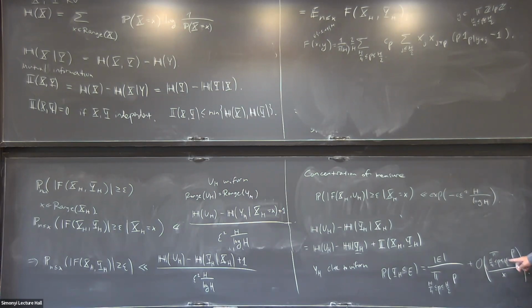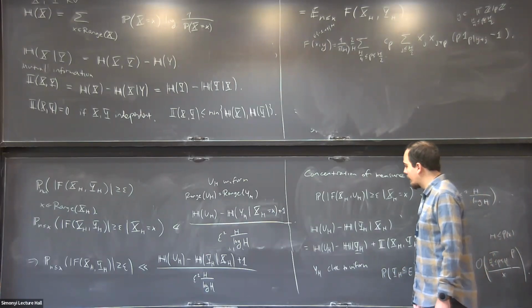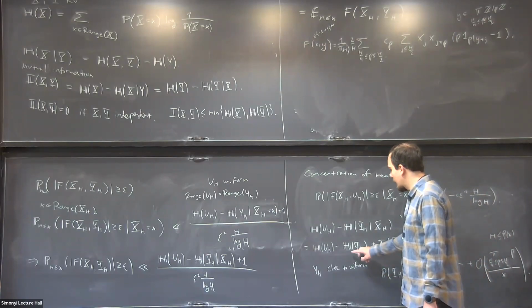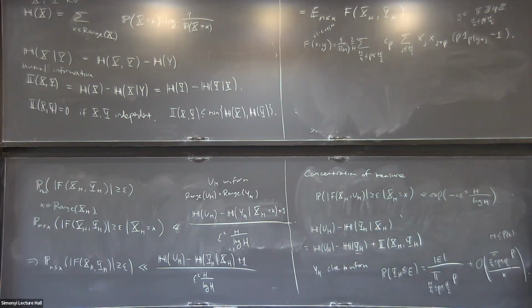And now here you need H to be small. So in particular, P of H in the theorem needs to be small so that this product is nowhere near X, so this term is something small. This H is less than P_X, and that goes to infinity slowly. So Y_H is very close to uniform, and therefore you can prove that the entropy of U_H and Y_H is almost equal.